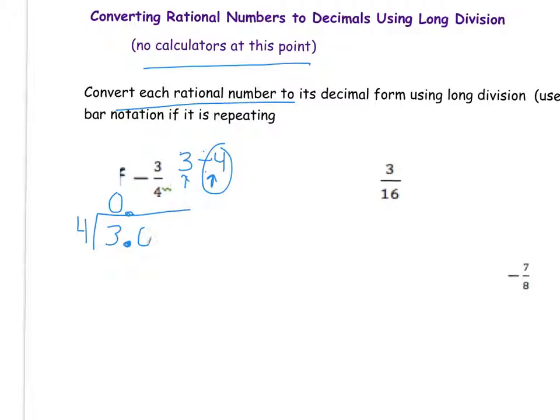So here we're going to have to add our 0. 4 goes into 30 7 times, because 7 times 4 is 28, and then we subtract, and then we keep adding zeros until we either find a pattern where it repeats or we can find where it ends. And I know since 4 only has factors of 2 that it is going to end. So I'm going to carry down my 0. 4 goes into 20 5 times.